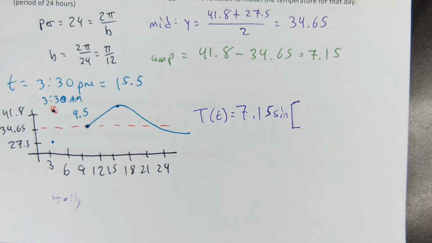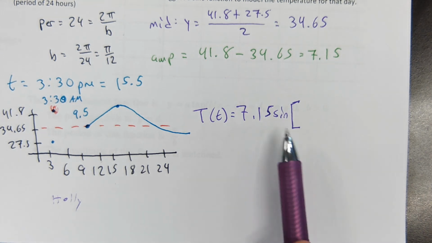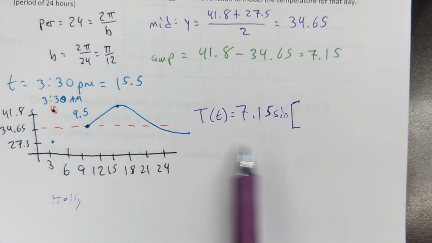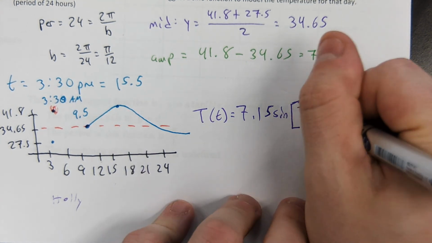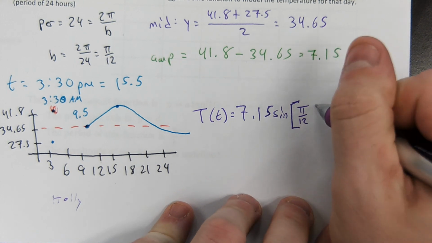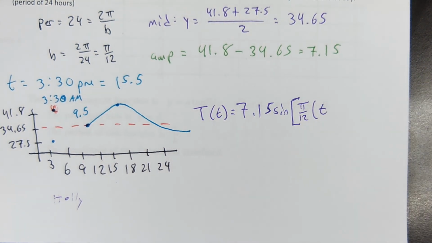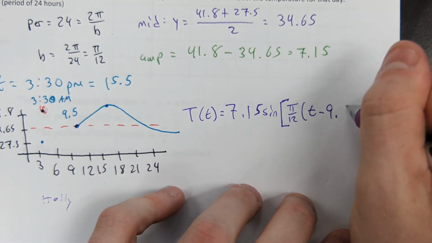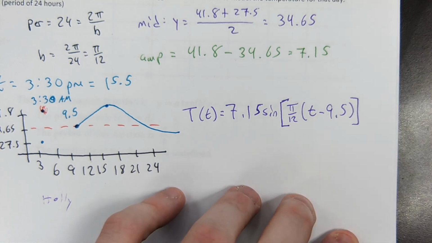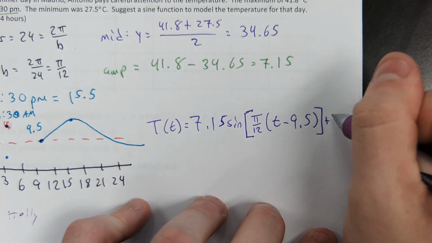Yeah, halfway between 3.5 and 15.5, because halfway between a minimum and a maximum would be a midline. What was the number in front, what's our b-value? Oh, pi over 12. Horizontal shift is right 9.5, so minus 9.5. And vertical shift is 34.65.